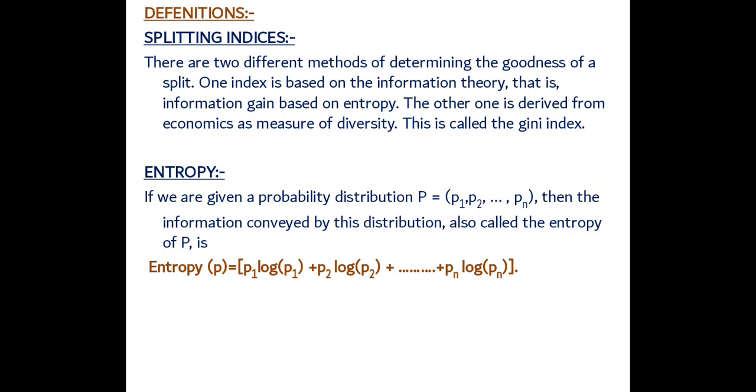If we have time, we can see one program in Python for the decision tree. This is one formula for entropy. If we want to split the attribute, we should consider this formula. It is one of the important definitions. They might ask in the exam what is entropy, so we should study this formula also.